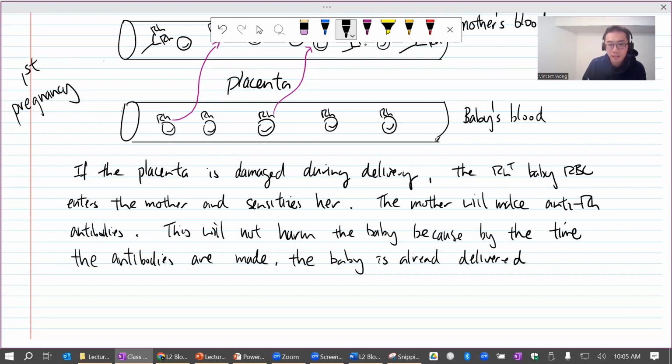But professor, it should not affect the baby anyway because Rh positive can get from the negative.